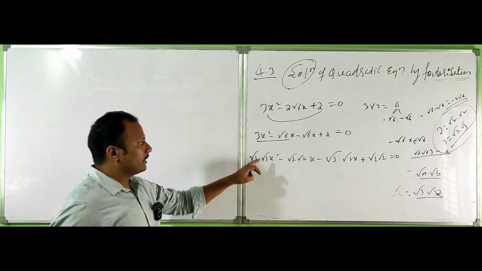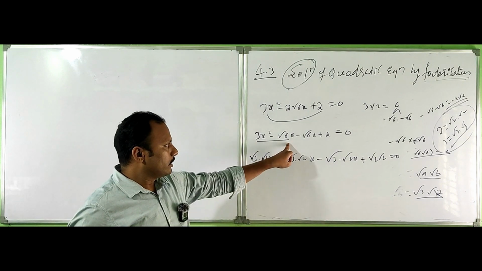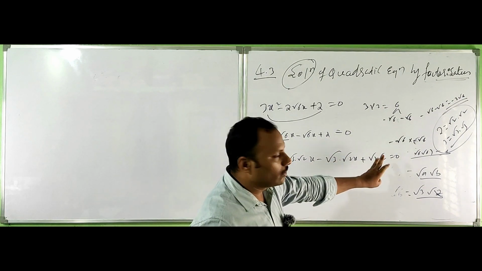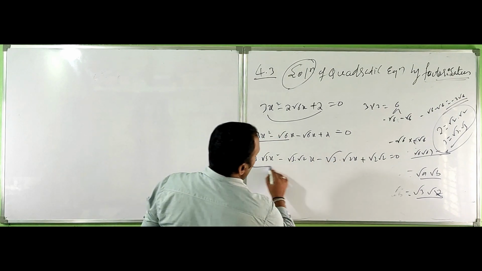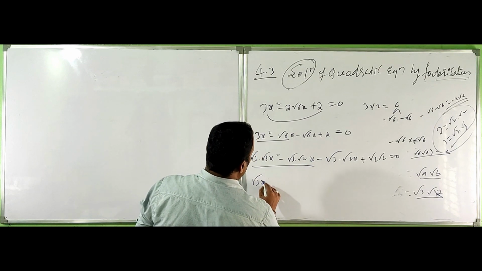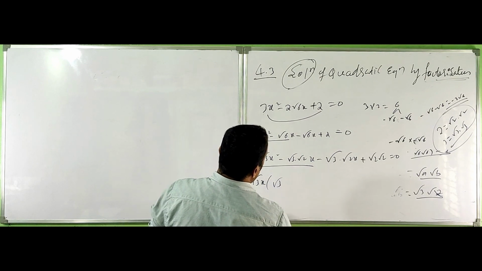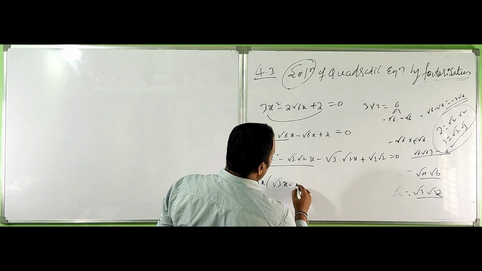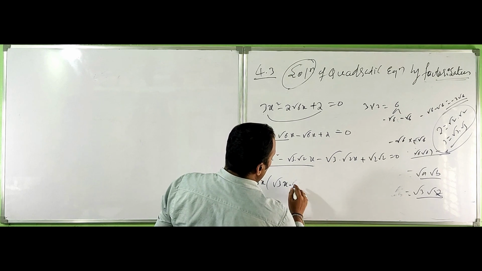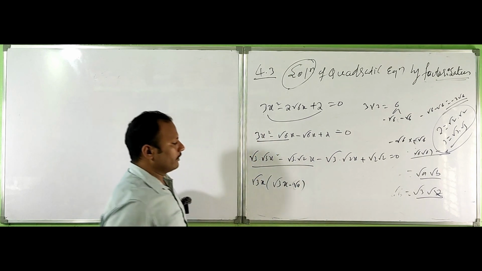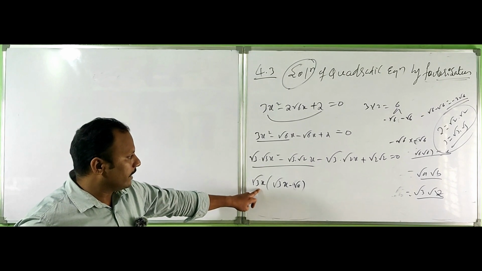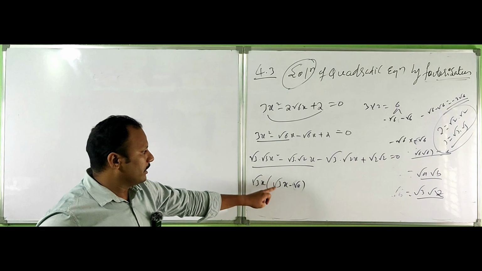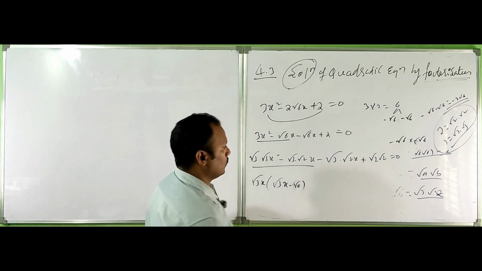Take the common outside here. Root 3 is common and x is common. What is remaining? Root 3 x is remaining, minus root 2 is remaining. I have taken out the root 3 and x common. Root 3 I have taken again, x is taken again. Remaining here is root 3 x and root 2.